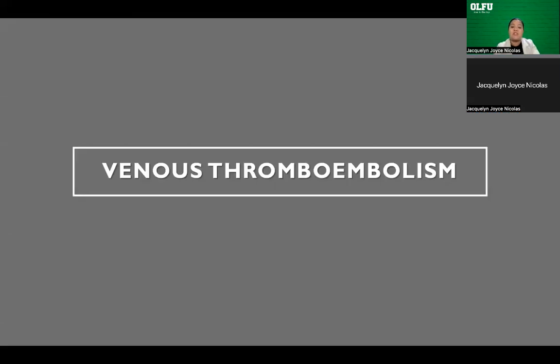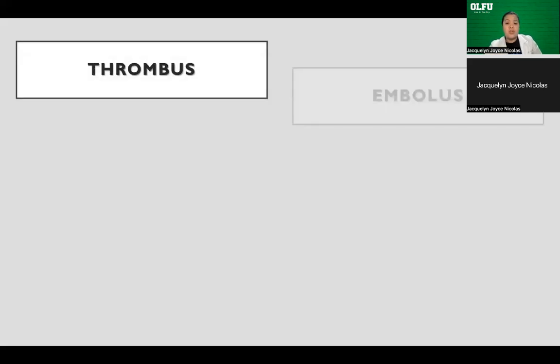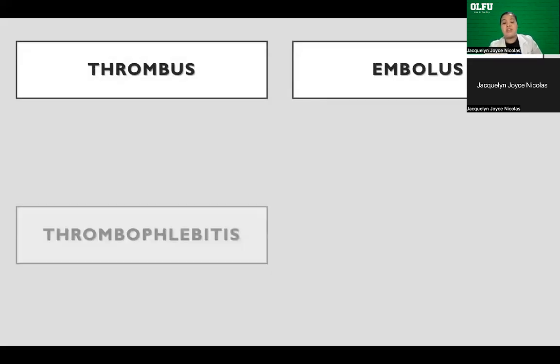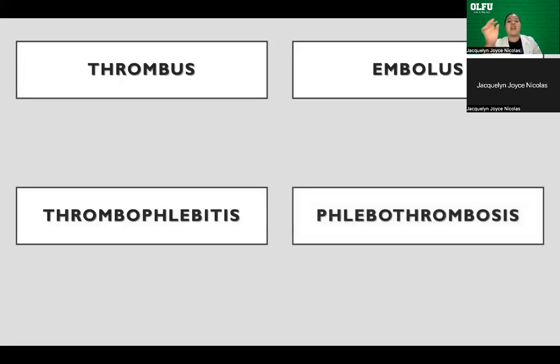Next, we have venous thromboembolism. Okay. Now, first, let's differentiate terms just for us to set the mood for this discussion. We have the words thrombus, embolus, thrombophlebitis, and phlebothrombosis. Now, these are 4 different concepts. Hindi sila pare-pareho.